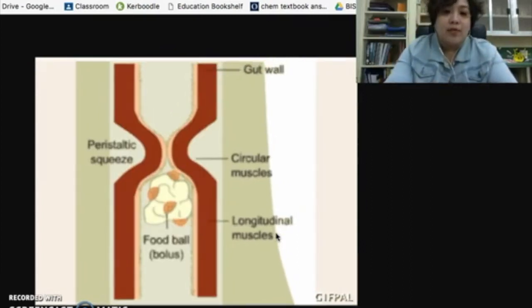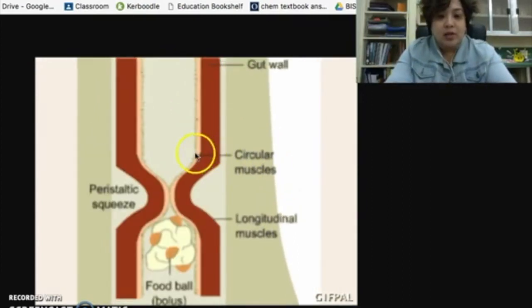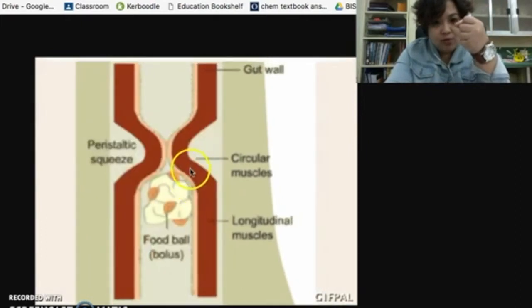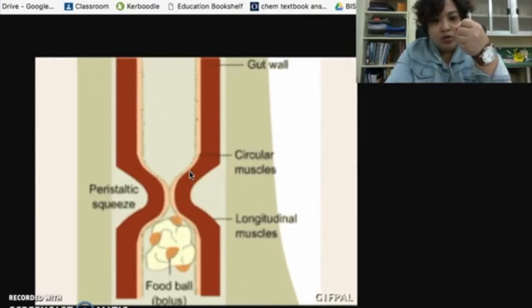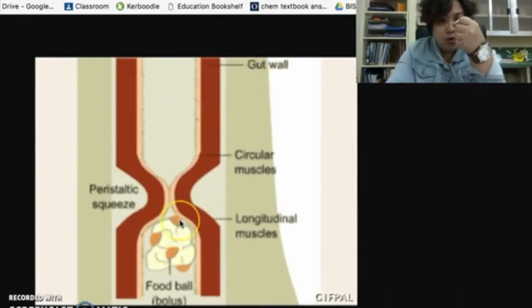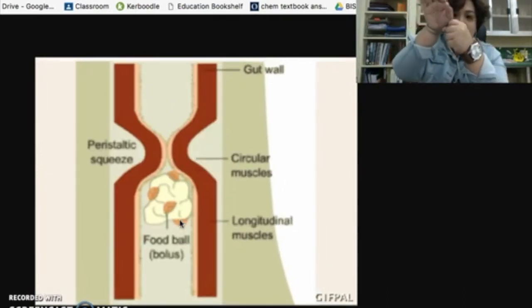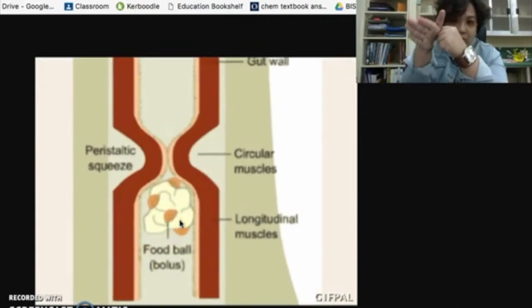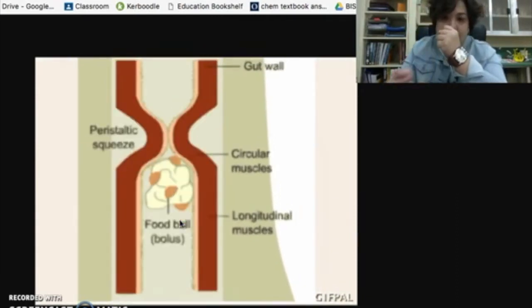So you have the circular muscle contracting, squeezing down food, while your longitudinal muscle is relaxed. Once it's squeezed the food, the longitudinal muscle will contract to further move the food down the tube.